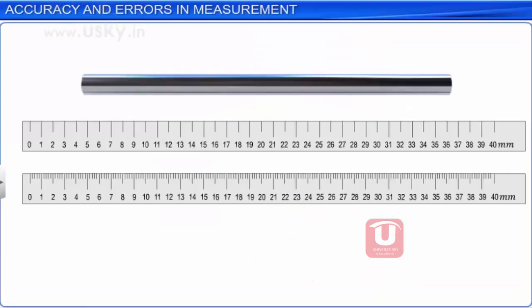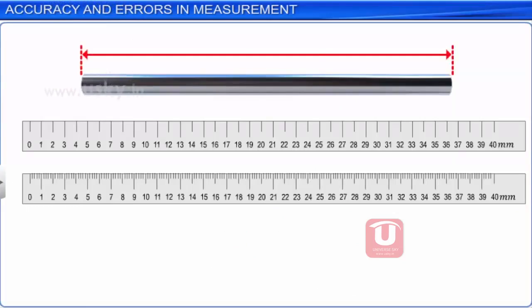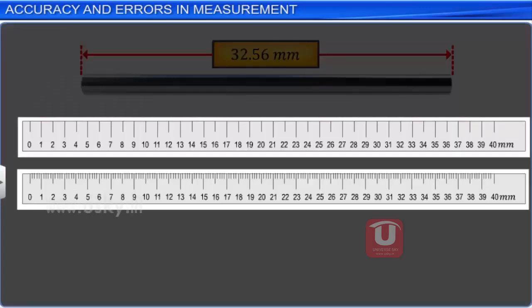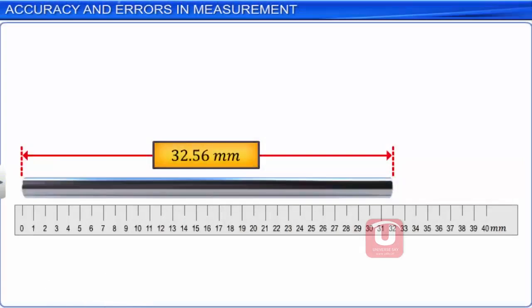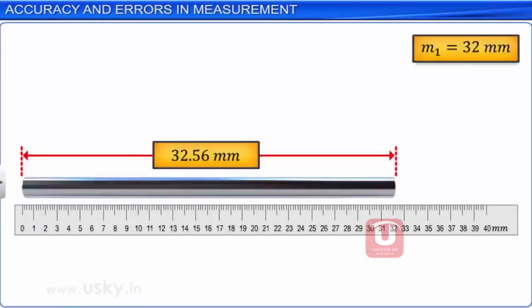Take, for example, an object whose absolute length is 32.56 mm, measured using 2 different instruments. Using the first instrument with a resolution of 1 mm, we obtain the measurement as 32 mm. Let us call this measurement M1. Using the second instrument, with a resolution of 0.1 mm, we obtain the measured value as 32.5 mm.